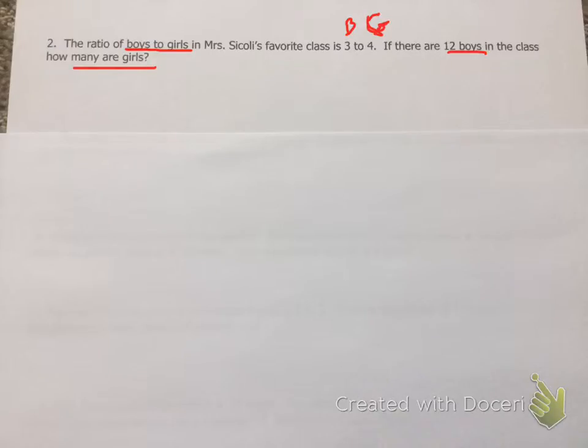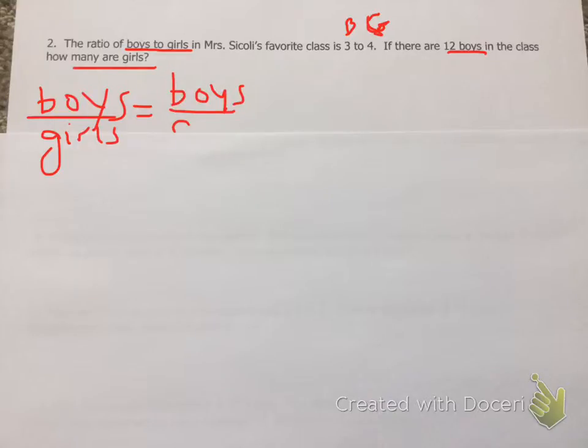Okay, so in words we have boys over girls equals boys over girls. Okay, let's put that into numbers. We have 3 boys for every 4 girls. We want to know if there are 12 boys, how many are girls?